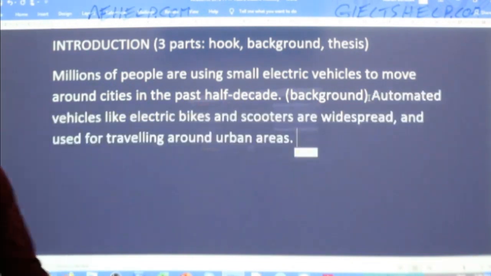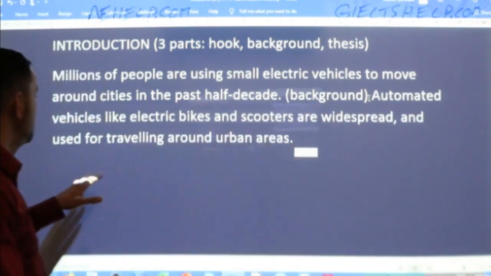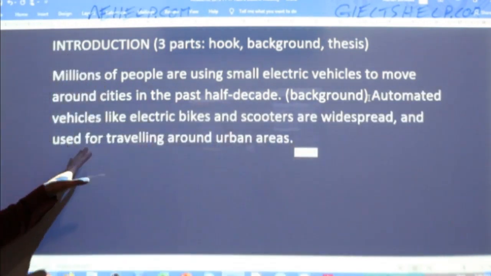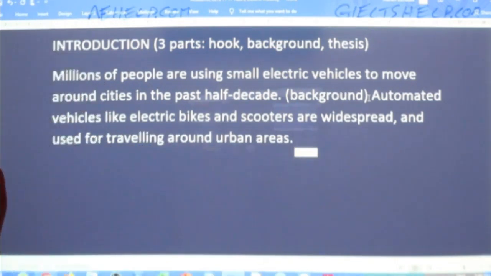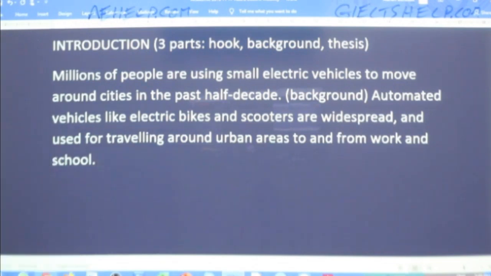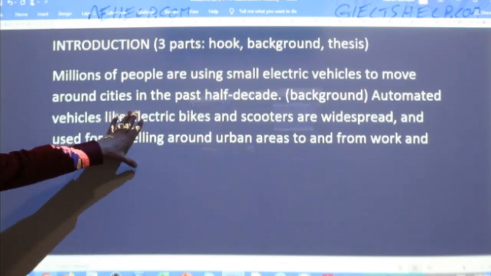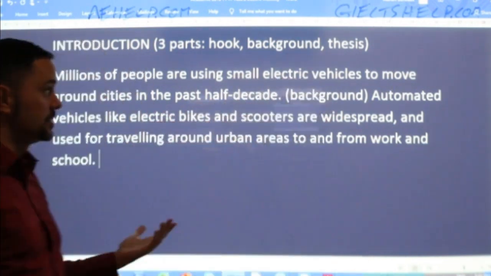So automated vehicles like electric bikes and scooters are widespread and used for traveling around urban areas to and from work. Okay, so the background, I'm giving a definition of the topic. The definition of the topic is the small electric vehicles.